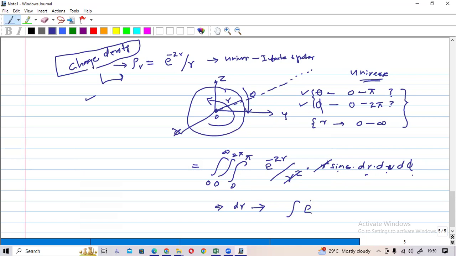So it will be e to the power minus 2r, 0 to infinity, dr. As I told you, we will have e to the power minus 2r divided by minus 2, so you will have minus half. e to the power infinity will be 0, e to the power 0 will be 1. So 0 minus 1, which is minus 1, minus into half, you will have half.